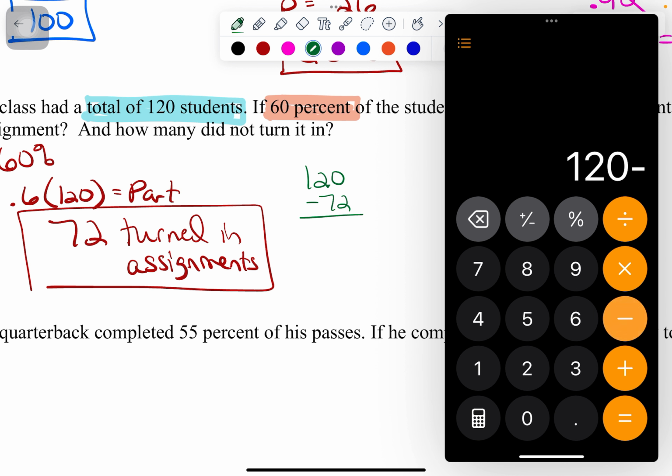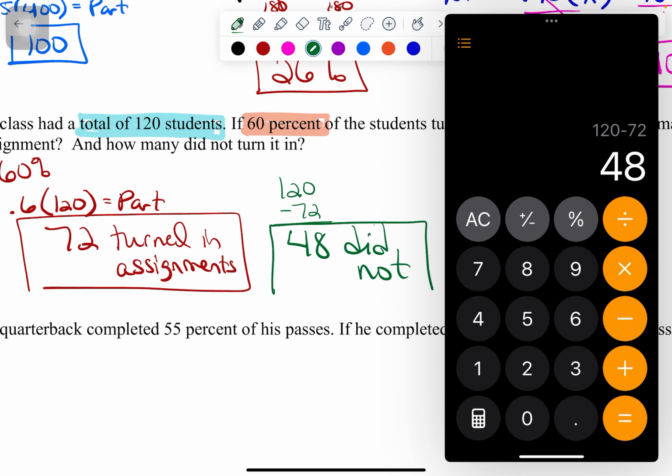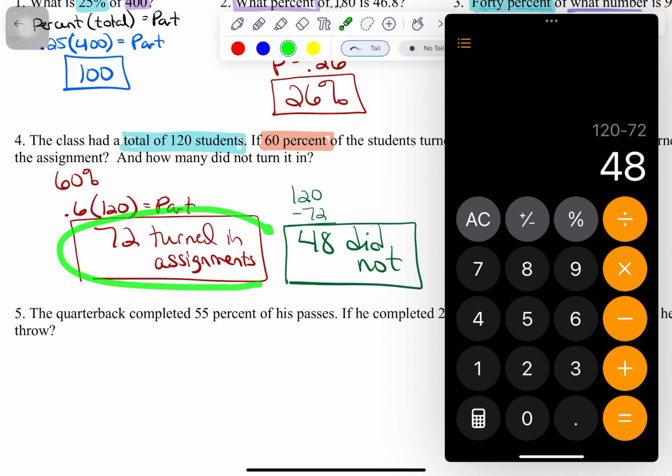So 120 minus 72, so 48 did not. So this would be 60% of your total, right? That's what it said, 60% turned in the assignments, and this would be 40%, right? 60% and 40% make the total of 100% that we would be looking for.